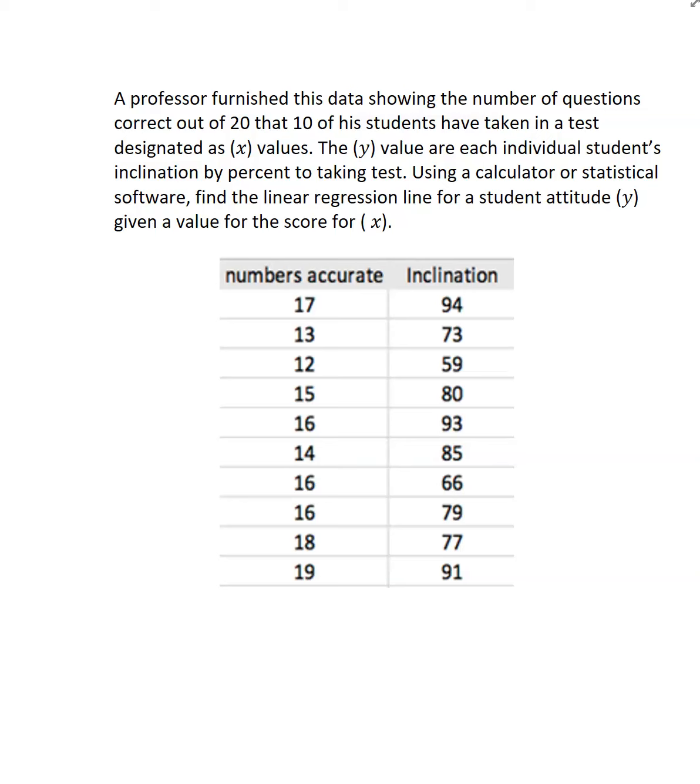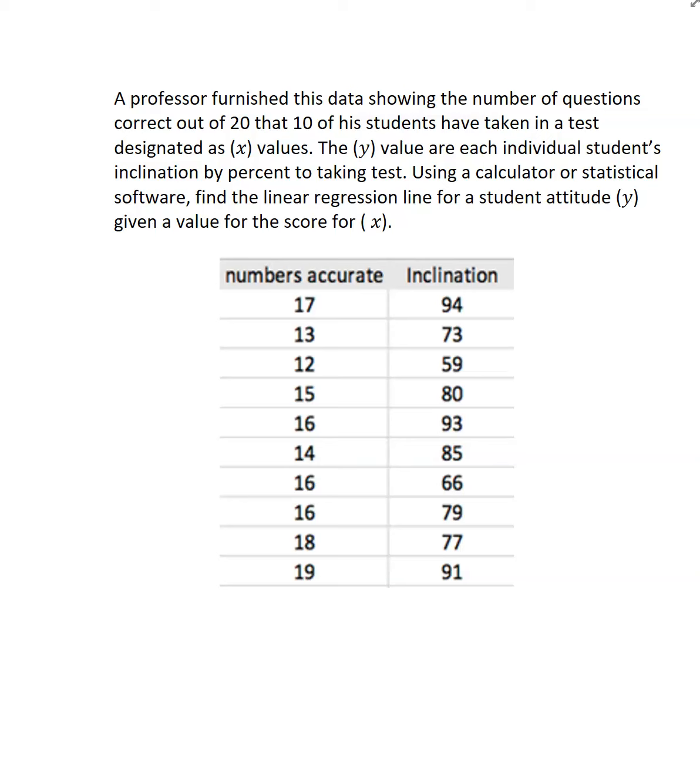Using a calculator or statistical software, find the linear regression line for a student attitude given a value for the score for X. Okay, so let's come back and try to first identify which one is X and which is Y. The numbers that were accurate and the inclination are the two columns. You have to decide which is X and which is Y. In fact, they helped us with that too, right? They said the number of questions correct out of 20.